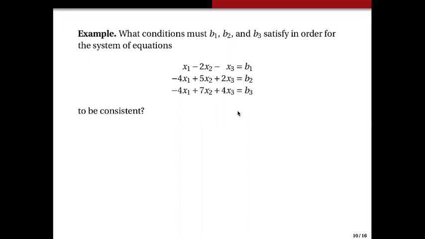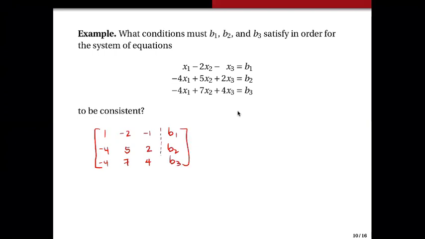To do that, we'll just do our Gauss-Jordan method. The augmented matrix will be 1, -2, -1, B1; -4, 5, 2, B2; -4, 7, 4, B3.